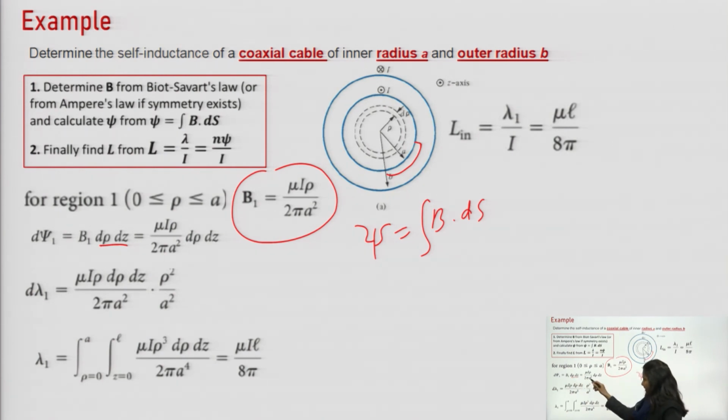After simplifying, we can get the value of phi 1 flux as this one.